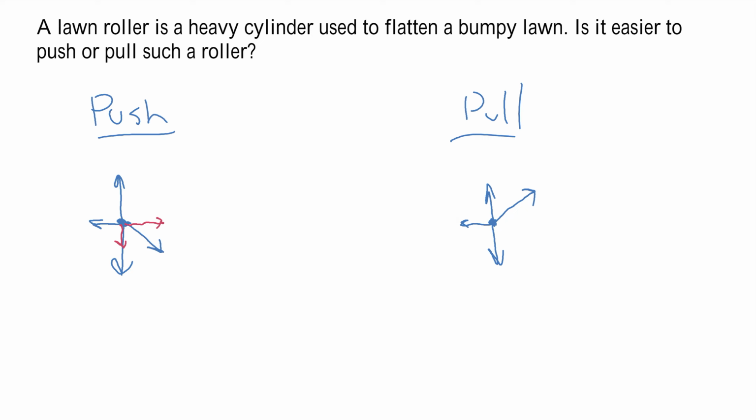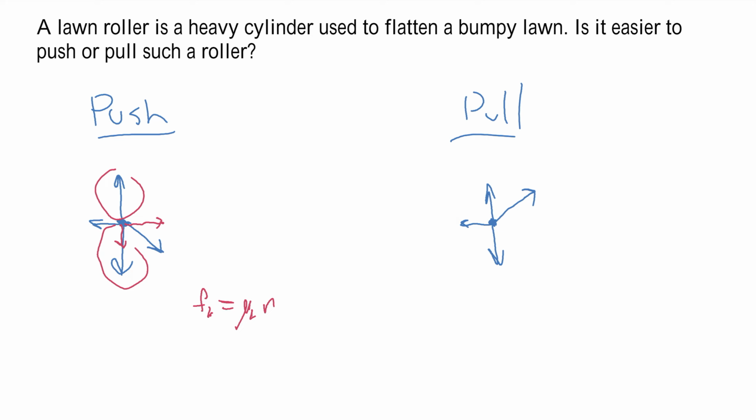When dealing with friction, the kinetic friction is going to be mu sub k times the normal force. If I add to the weight here, I'm adding to the normal force. So that means I'm increasing the kinetic friction force, which means I am making it harder to push.